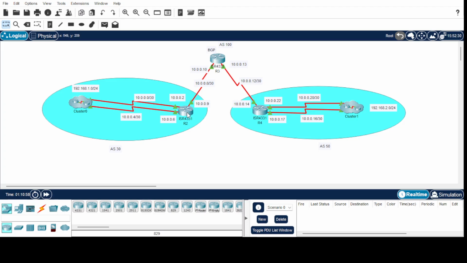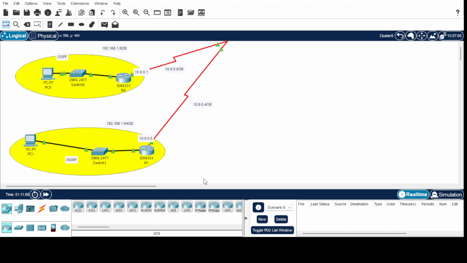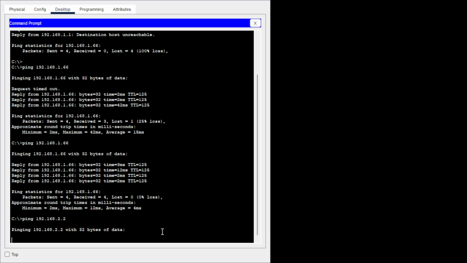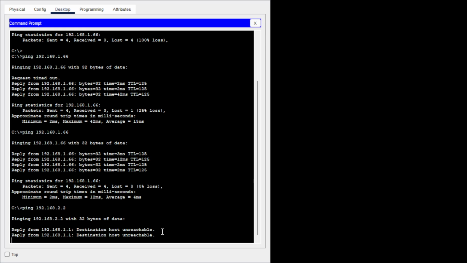So again, let's go to router number 2. But still, let's confirm one thing. Going back to cluster 0, I will go to PC 0 and try to ping the cluster number 1 networks. So PC number 0, ping 2.2, destination host unreachable.